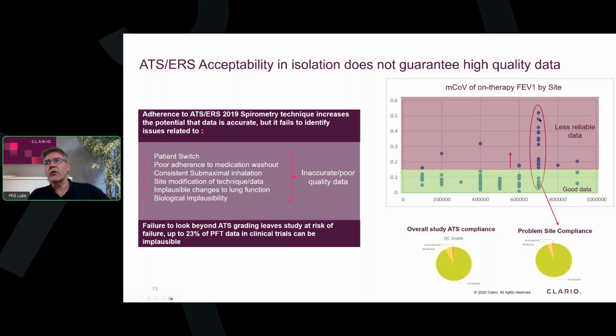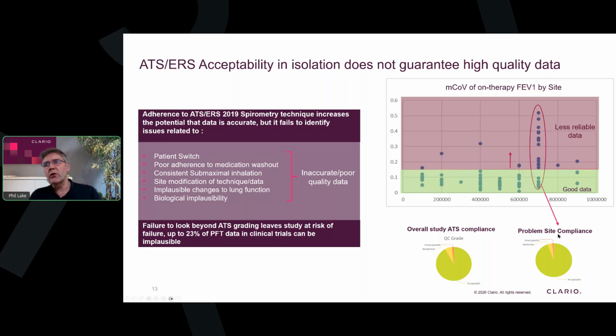When we look at this one site, this is some of the worst data we've come across in a clinical trial. You can see that some of the data is really highly variable. If you compare this site to some of these others, you can see that they have almost consistently lower variability data, maybe with the odd outlier in this case. But again, you can see a big difference.